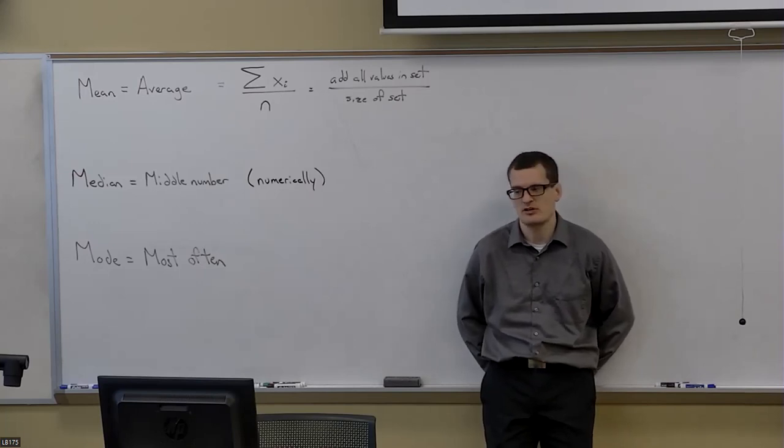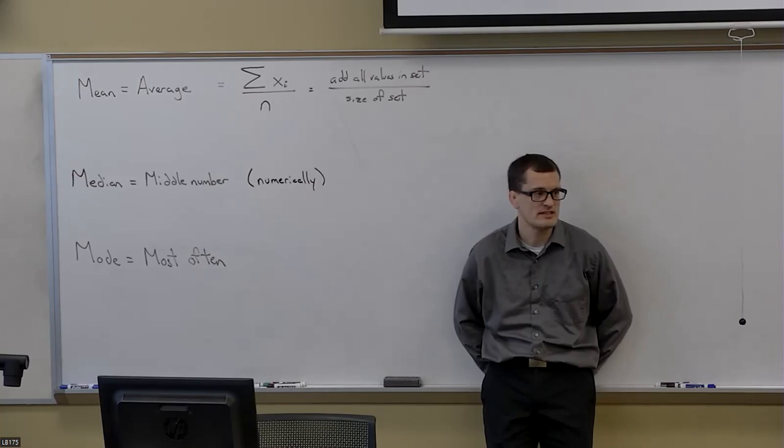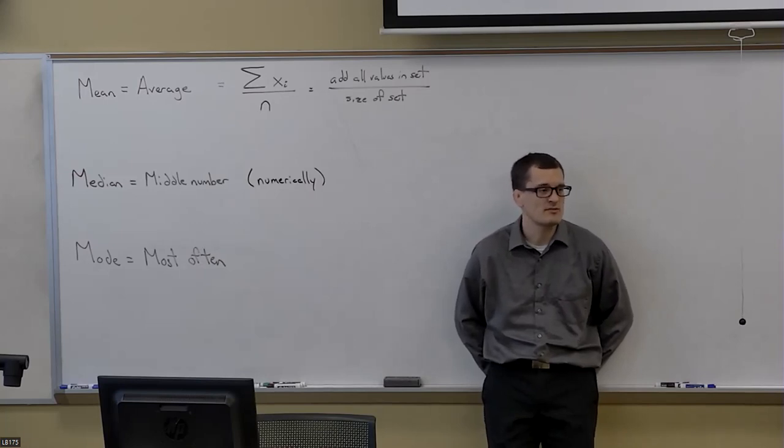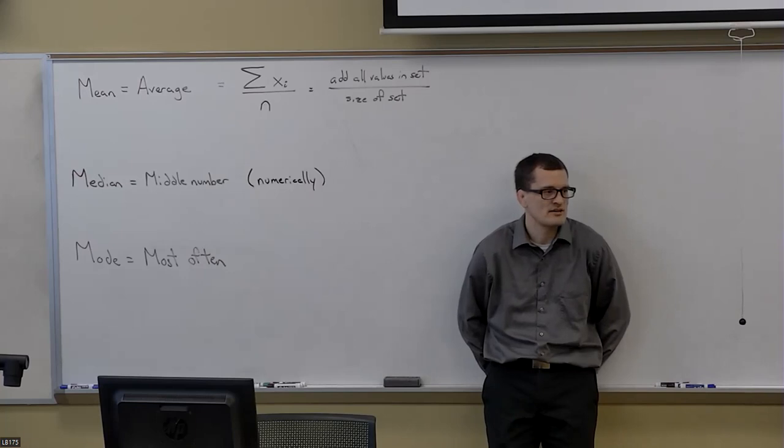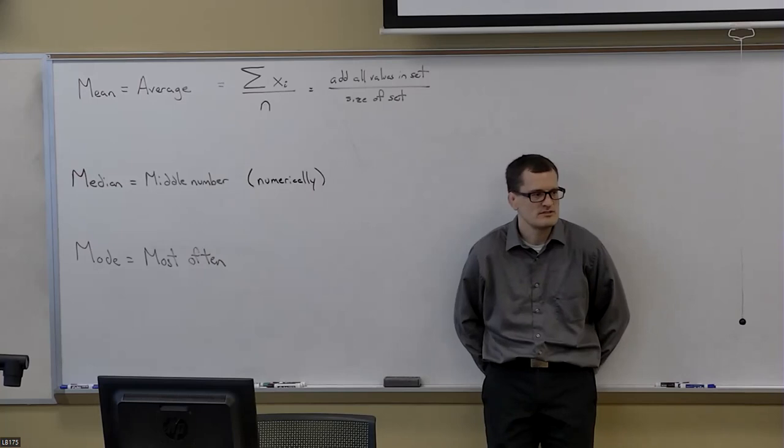And if there's a tie for most often, then we say all of the numbers which tie are modes. So we can have 2 numbers that are most often. Does that make sense?